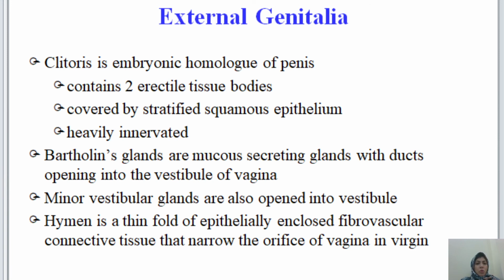Bartholin glands are mucus-secreting glands whose ducts open into the vestibule of the vagina, and if a duct doesn't open, it can cause a cyst called a Bartholin cyst. Minor vestibular glands also open into the vestibule, and at the end the hymen is a fold of epithelium. It includes fibrovascular and connective tissue that narrows the orifice of the vagina in virgins.